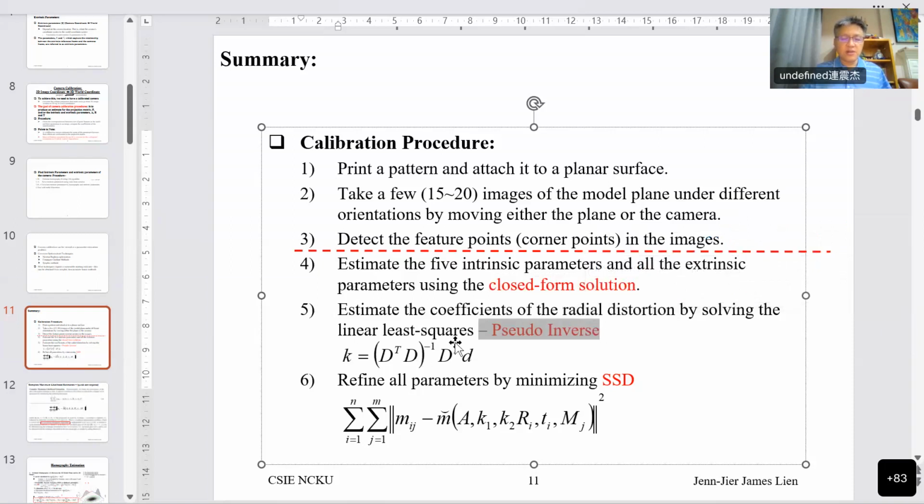Because the closed form solution and the pseudo inverse are first derivative, first order calculations. But in deep learning, in most of our cases, the curve is second degree. Like the deep learning example, this is the loss function, the sum of square difference loss function.